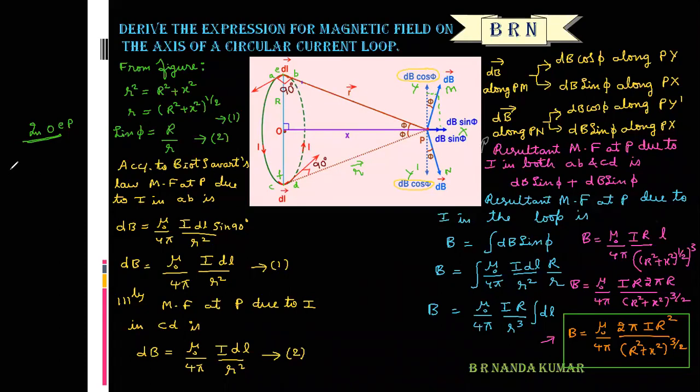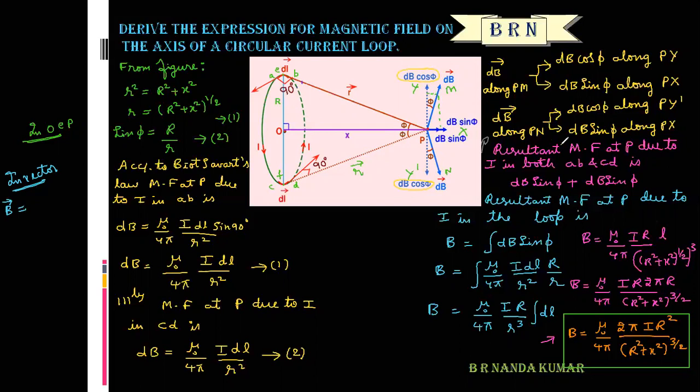Okay, so in vector form, the direction of magnetic field is from left to right.